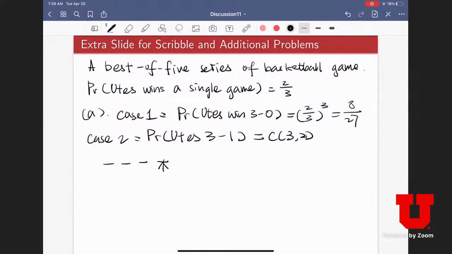And then we're going to do (2/3) squared, times 1/3. And then this should give us 8/27.